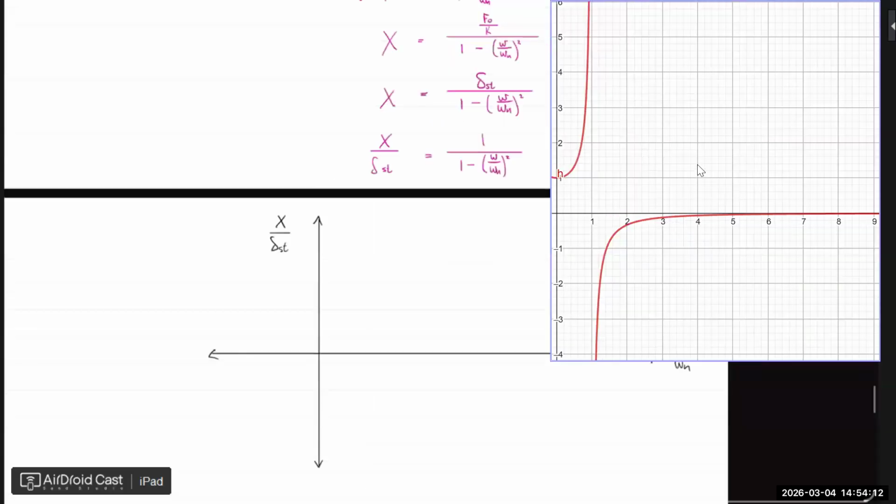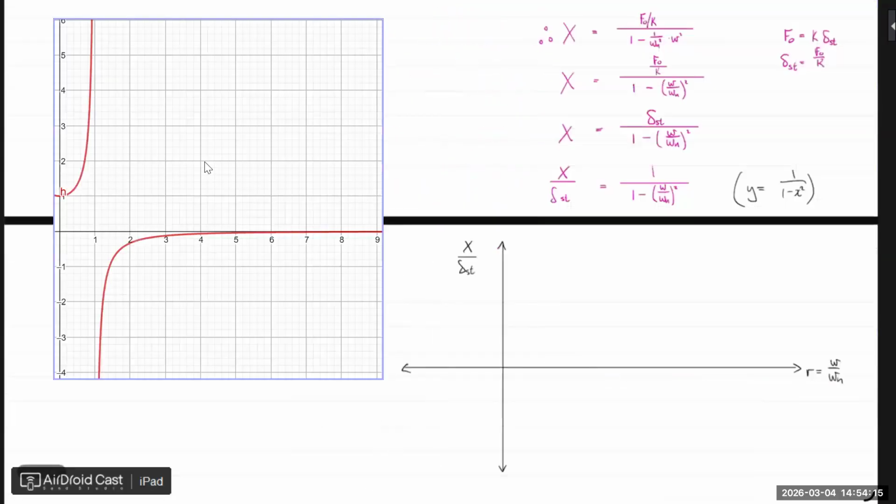So the graph will just be something that goes like this to infinity, and then there is an asymptote, and then something that goes like this. And this is obviously at 1. So this tells us that when that ratio is between 0 and 1, then it's still positive.